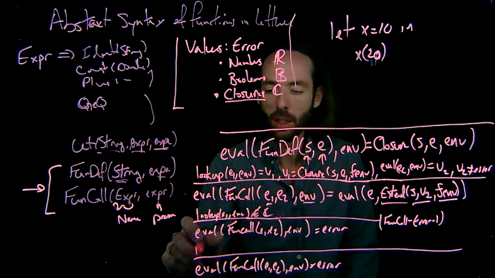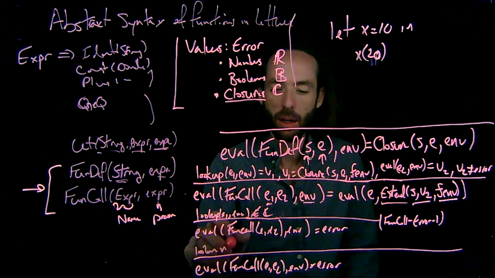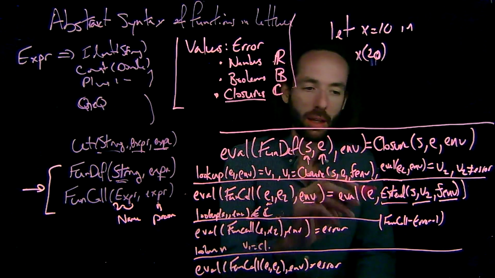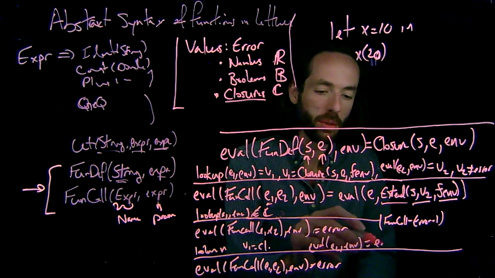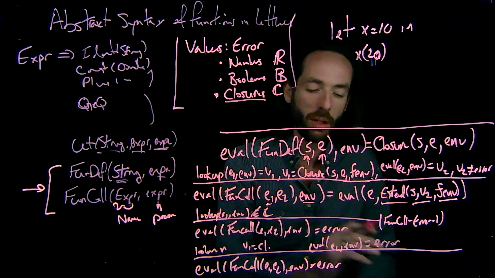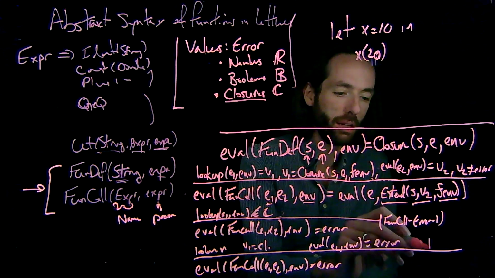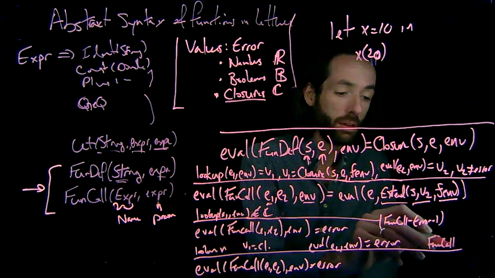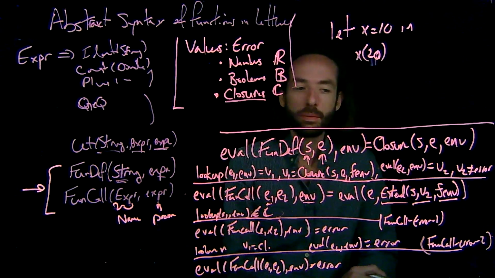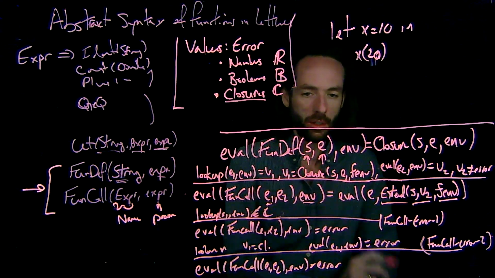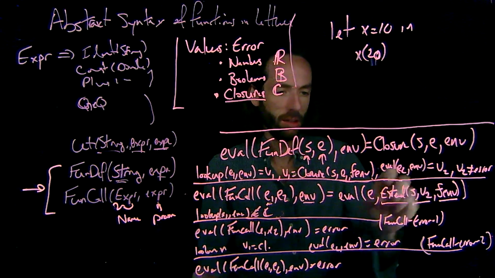So we have our lookup, which is going to be this V1, the closure, and then we evaluate E2 under our environment. And if this is equal to an error, then I want to return an error. So this is my funcall error2 rule. And this would be our funcall OK rule.